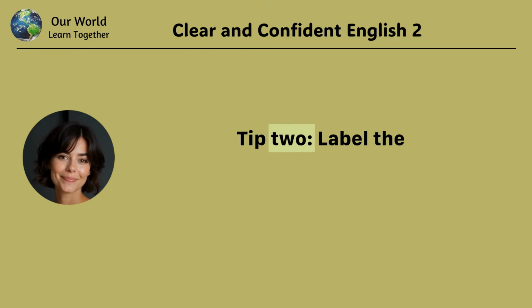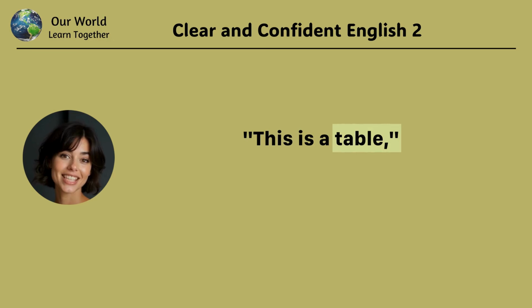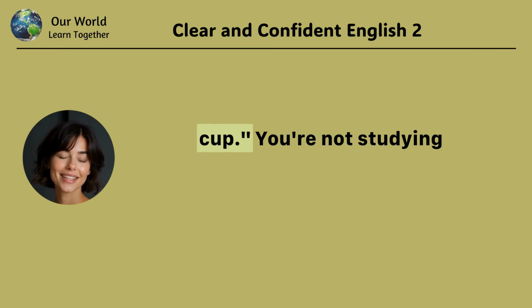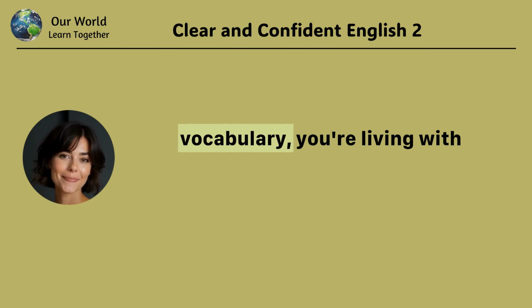And they train your brain to think naturally in English. Tip 2. Label the world around you in English. Look around right now. What do you see? Say it out loud. This is a table. I see a blue chair. There's a coffee cup. You're not studying vocabulary.